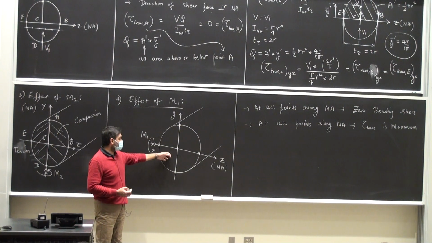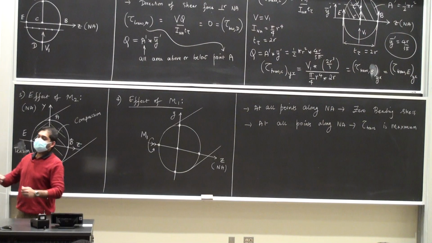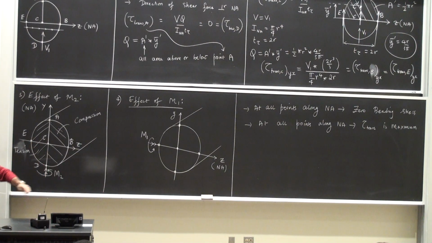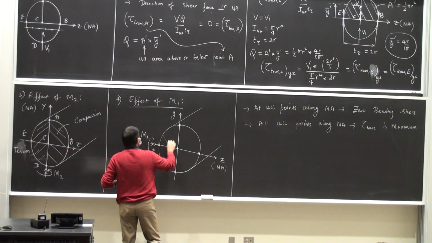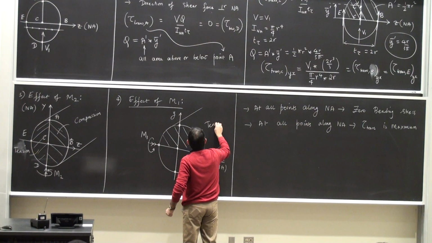All the fibers on the bottom half are getting pushed in. Once again, this is the cross section in front of you, this is my neutral axis. The moment is applied such that all these fibers are getting pulled towards you, and these fibers are going away from you. They're getting pushed into the cross section. So this is going to be in tension.